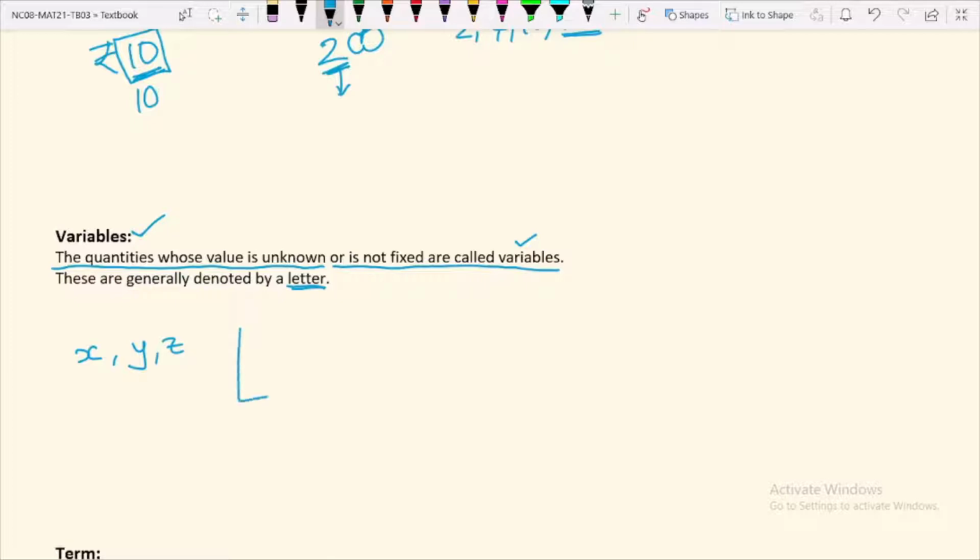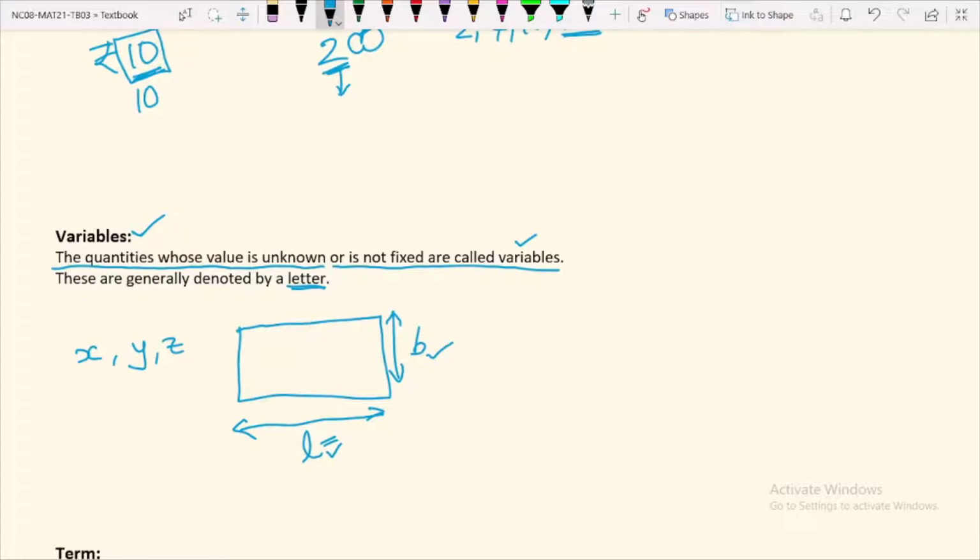For example, consider a rectangle. A rectangle has 2 dimensions: one is length, another is breadth or width. We can denote length by the letter L, and breadth or width by B. We do not know these values.